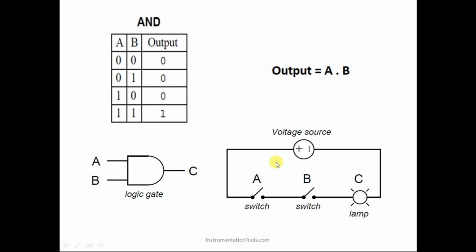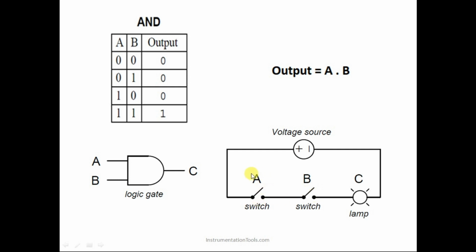No, because one of the switches is not closed. So in this case the output C will not glow, or the lamp will not glow. Similarly, if the input A is high, that means this switch is closed, and the input B is low, that means this switch is still open.